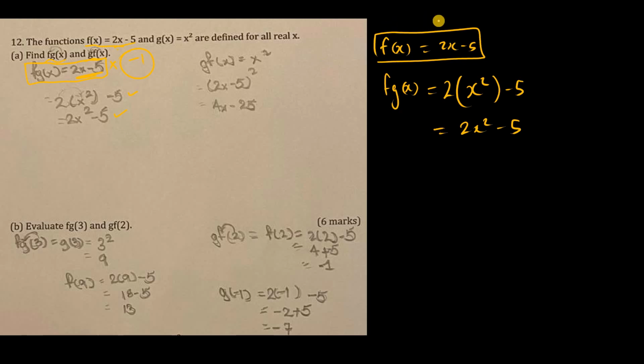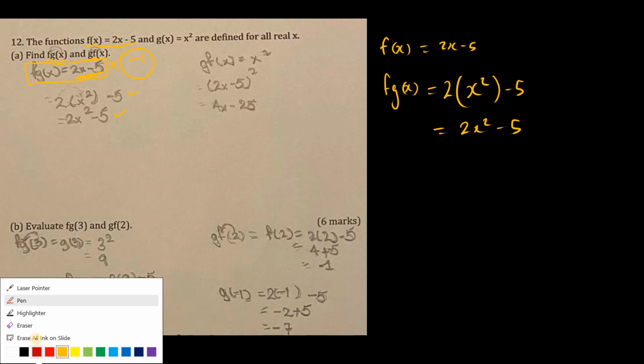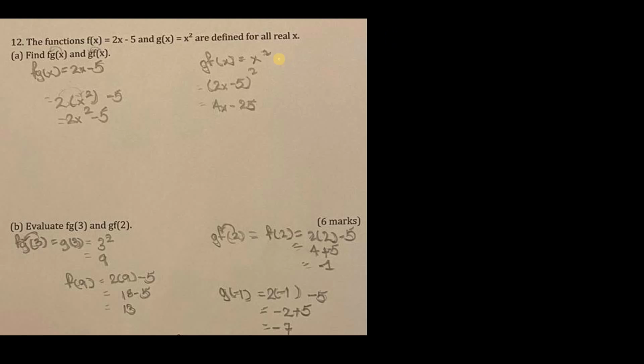Alright, next part. Let's look at g of f of x. Again, the way you set it up here, you lose a mark as well, because that's not g of f. You cannot say g of f is equal to x squared and still say it's equal to this. X squared is just g of x, the g function.